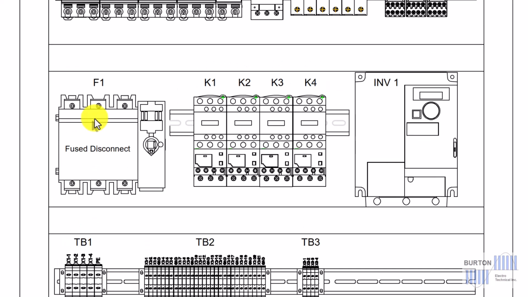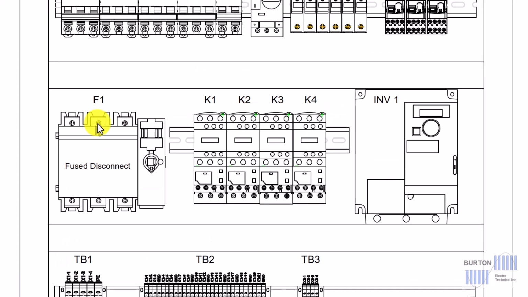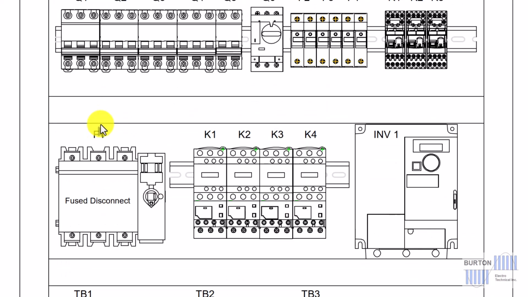Power is then distributed to the different power consuming devices. We have 4 DOL motor starters, K1, K2, K3, and K4. They are motor starters and they have overloads connected to each one. They are all shown in the drawing.